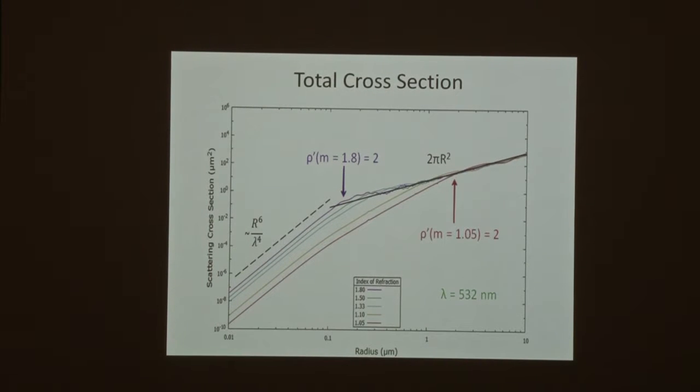Total cross-section. Similar to the forward scattering, which is very strong and dominant. Here's the Rayleigh regime, a strong function of the index of refraction, causing orders of magnitude change, although I'm putting in some rather unrealistic indices of refraction, at least if you're an aerosol scientist.